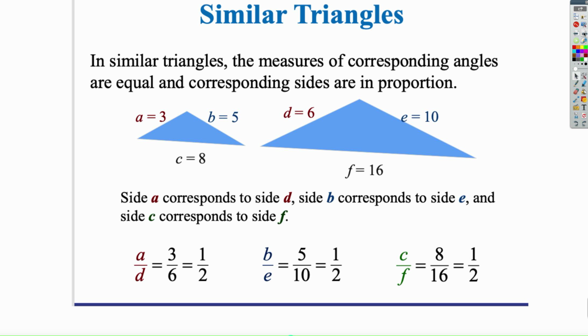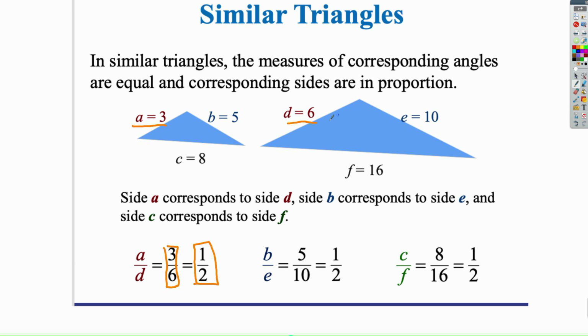So if I look at these two blue triangles here, if you are told they're similar, that means, let's look here. If I took side A over side D, that gives me 3 over 6, which reduces to 1/2. That 1/2 should work for every pair of sides.